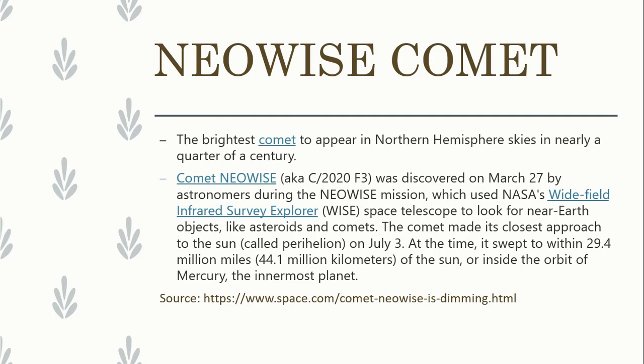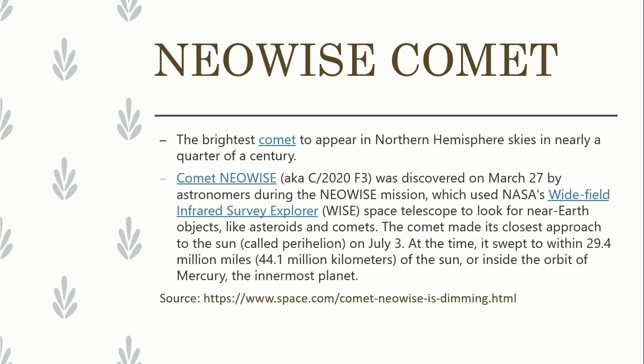Comet Neowise, also known as C/2020 F3, was discovered on March 27 by astronomers during the Neowise mission, which used NASA's Wide Field Infrared Survey Explorer space telescope to look for near-Earth objects like asteroids and comets.